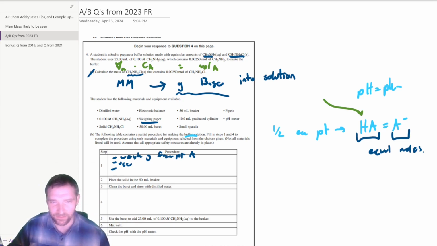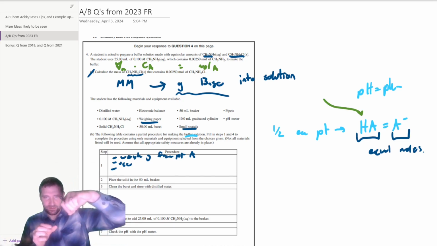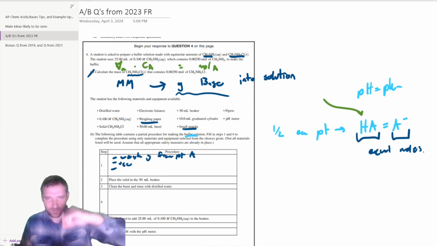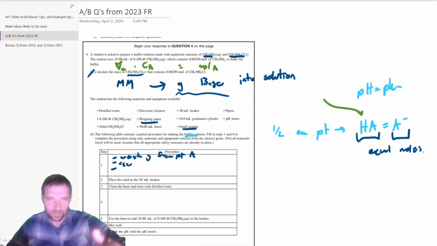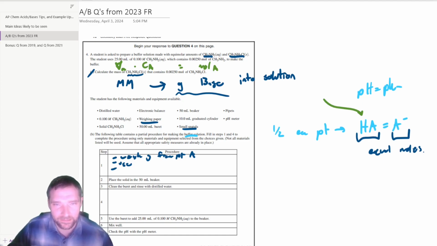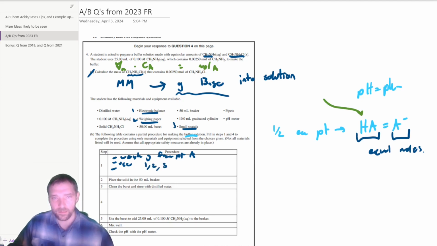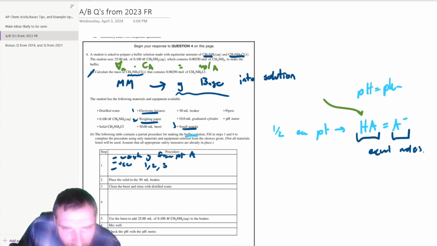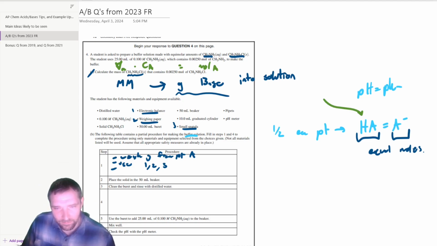You're probably going to use a little spatula to get some of the solid on the weighing paper while it's on that balance. So there's definitely all of that going on here. And now we've got that solid, and we're going to mix that with the amount of acid that we already had present, and that would make an ideal buffer solution.